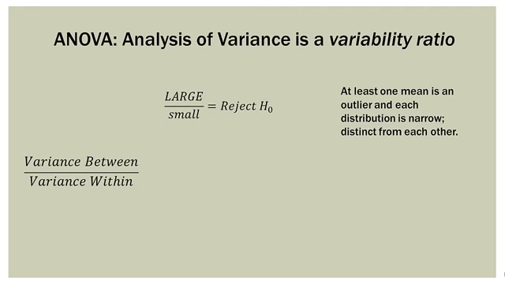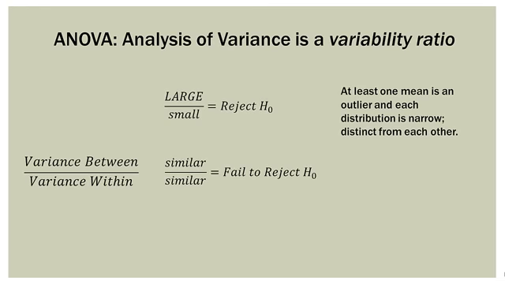So at least one mean is an outlier off to the side, or they may all three be spread far apart, and each distribution is relatively narrow so they don't melt together. They are distinct. Think of this as three distinct distributions that are far apart, or one that is by itself off to the side. That would create a large variance between the means.